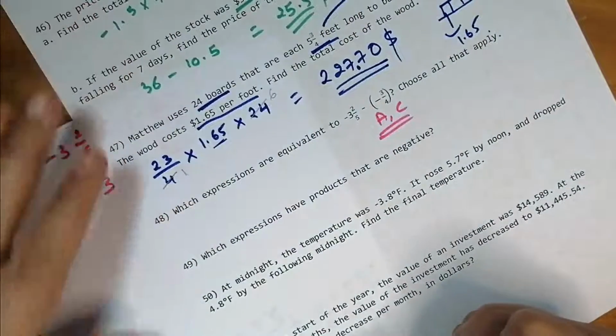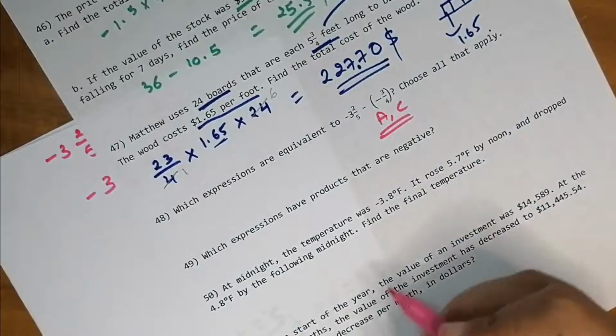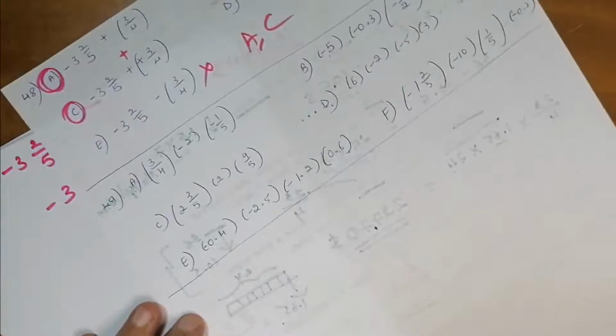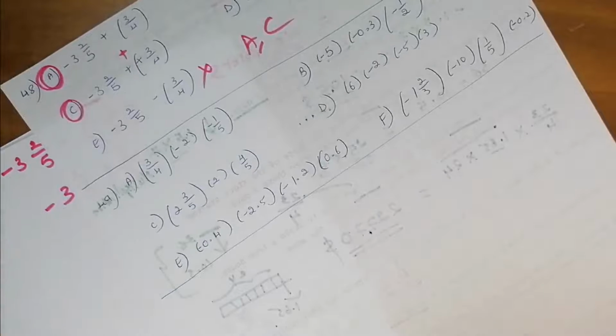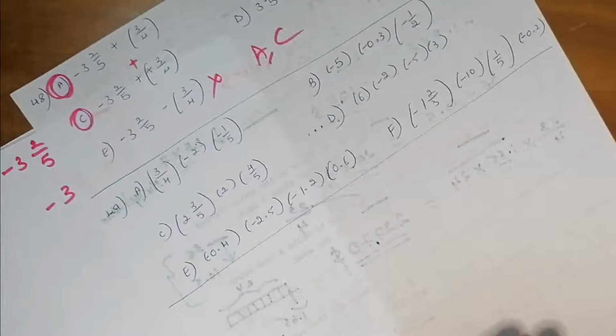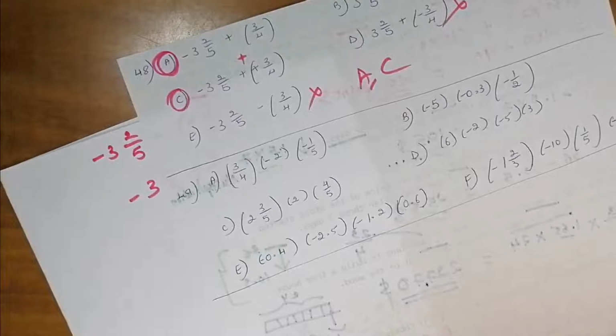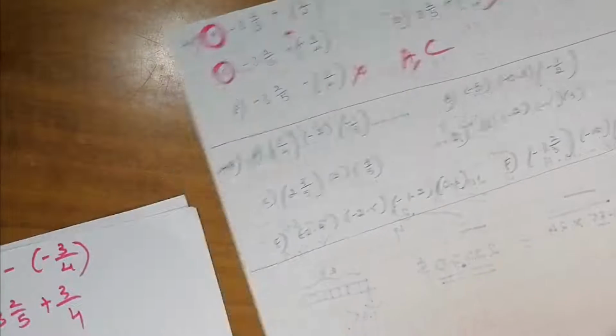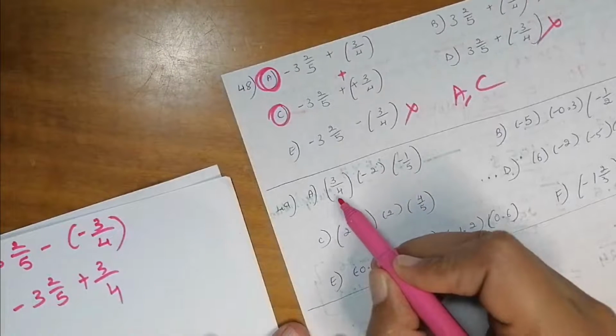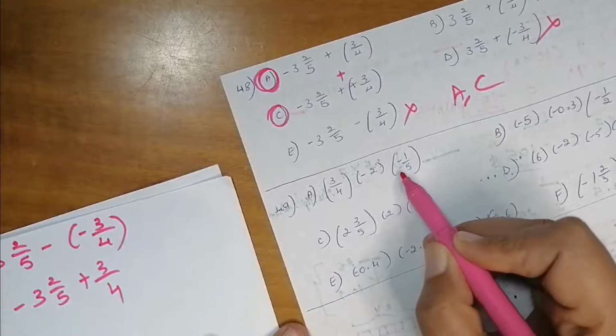Okay, then comes the next one, which says which expressions of products are negative. Okay, so again we go back here. I actually forgot to copy these expressions, and that's why I had to handwrite it. I hope it's readable. Which ones of them are negative is what we have to say. So we say this is a positive sign, negative sign, right?